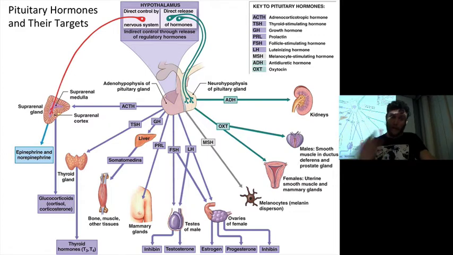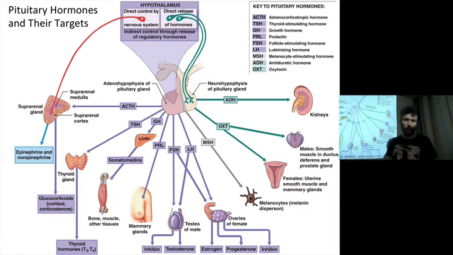Next is the thyroid stimulating hormone. So all of this is through indirect control via a releasing hormone that is dumped into the hypophyseal portal system that's going to travel and have its effect on whatever hormone we're talking about here that will be produced by the adenohypophysis.